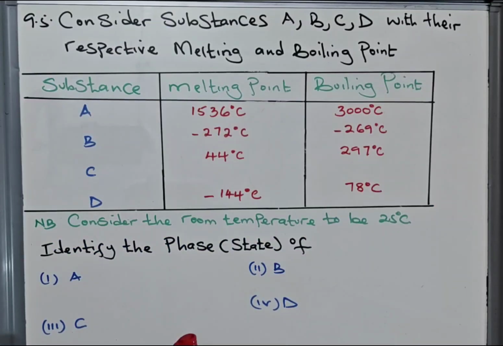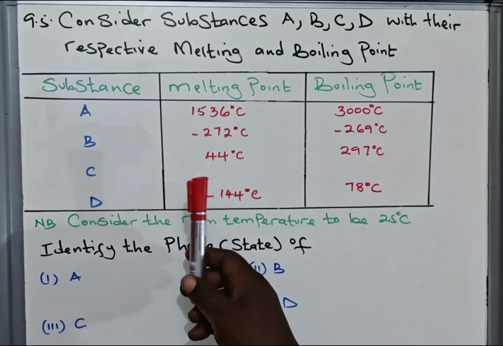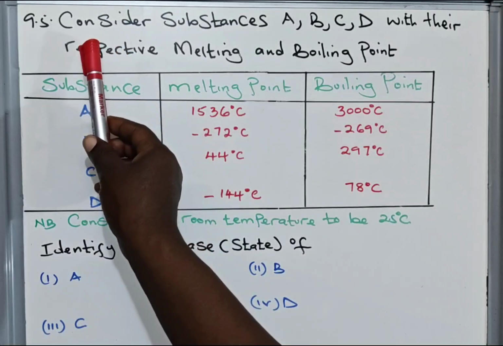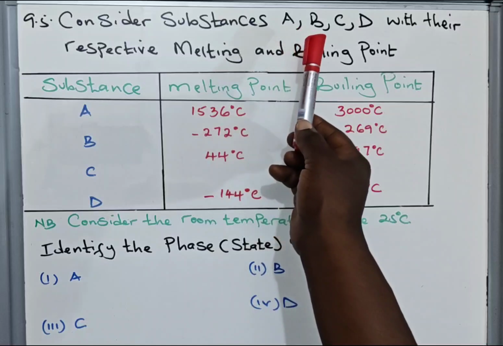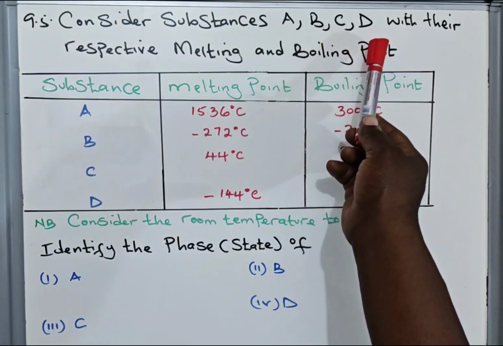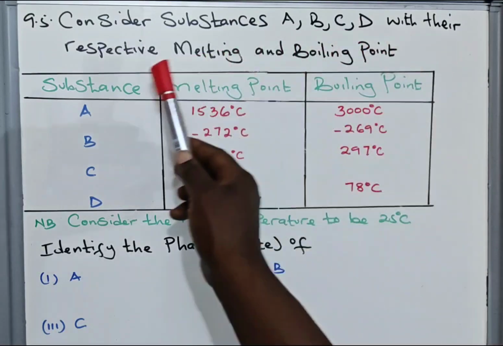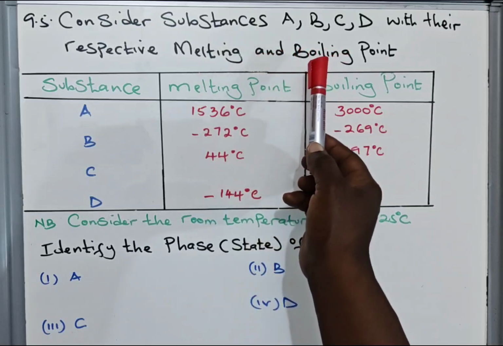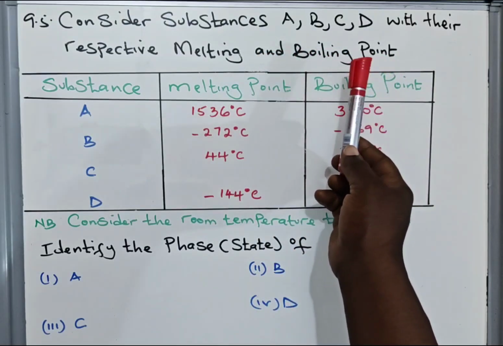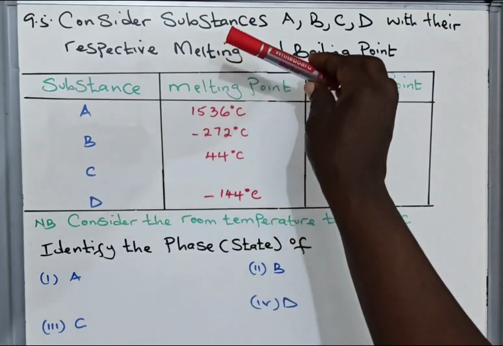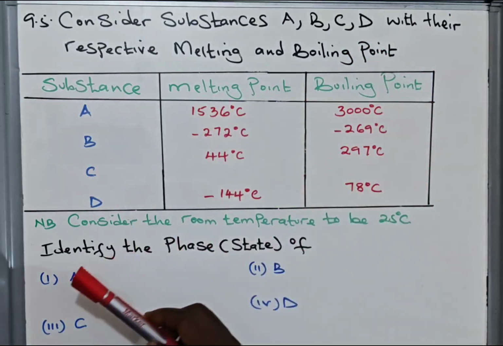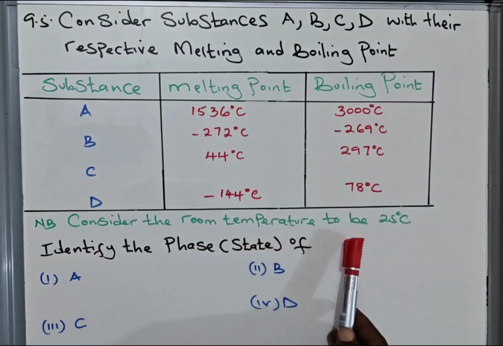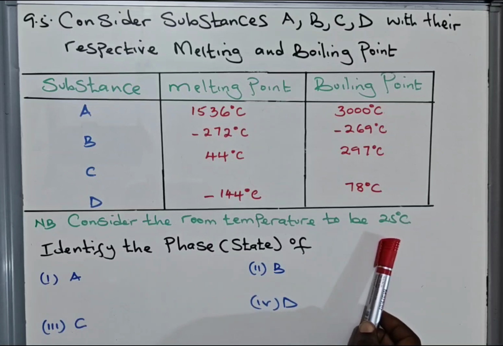So we come to this question. The statement says consider substances A, B, C, D with their respective melting and boiling points. So these are the substances, these are the melting point and boiling point. And they say consider the room temperature to be 25.